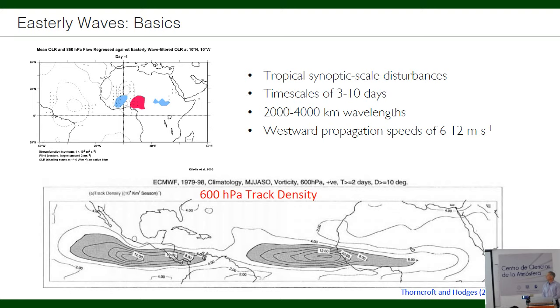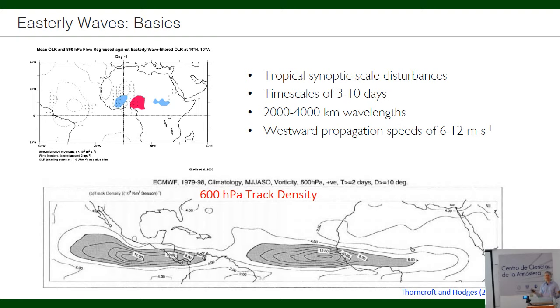So what are easterly waves? I'm going to flip through a series of slides here, and you'll see the movie on the upper left animating as I flip through them. So easterly waves are tropical disturbances that we call synoptic scale disturbances. And what that means is that they cause variations in wind and precipitation on 3 to 10 day time scales.